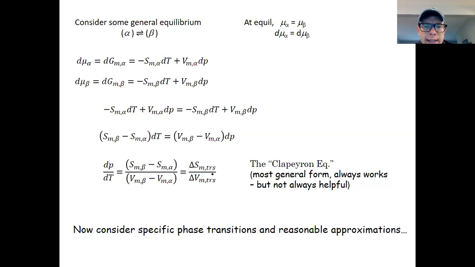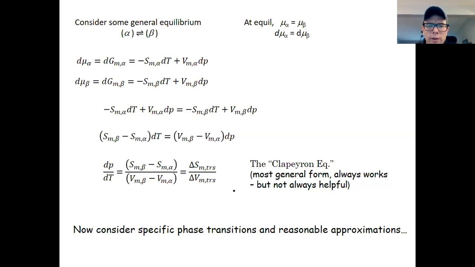That is ΔS molar of the transition divided by ΔV molar of the transition. This is a named equation. It's called the Clapeyron equation. One of the nice things about this is that it will always work. We've made basically no assumptions at this point. So this equation will always work, but because it's so general, it isn't always the most helpful.